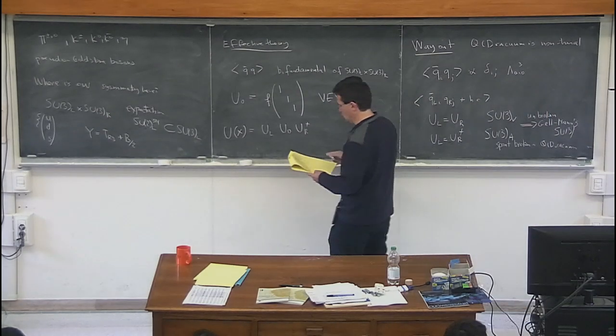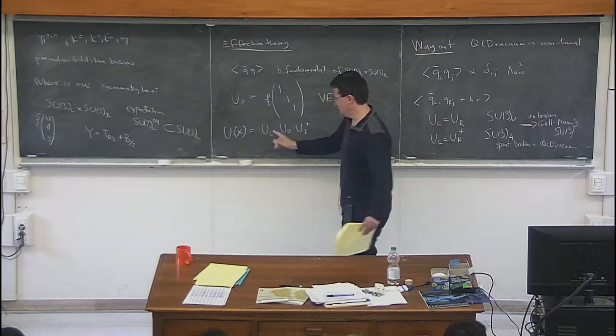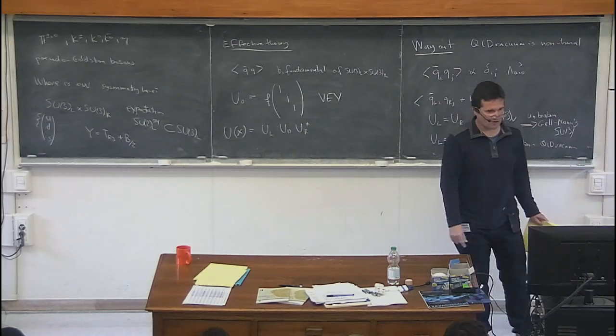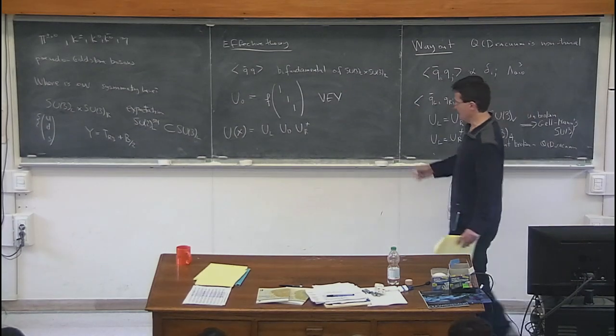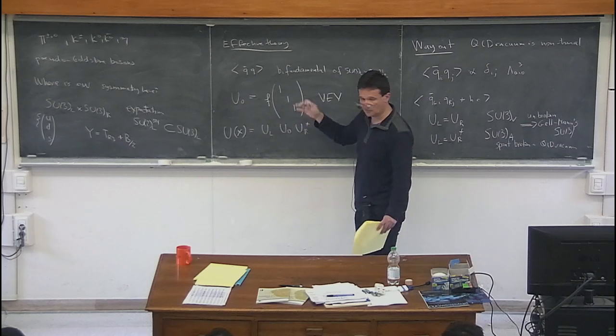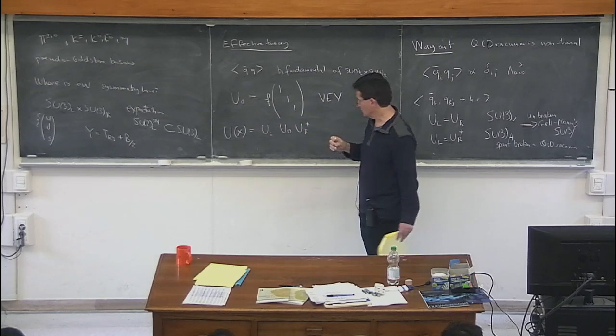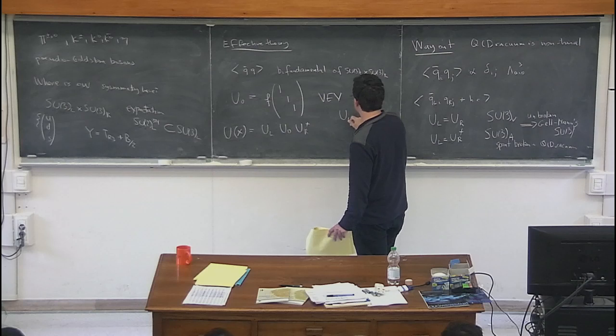So what you are supposed to do, in order to get the broken directions, is to identify the directions corresponding to the axial SU3, so that direction is when U left equals U right dagger.